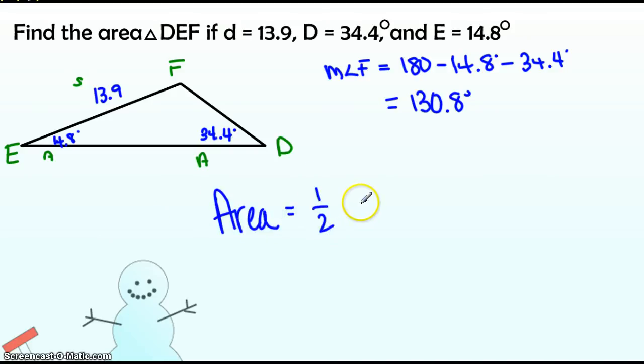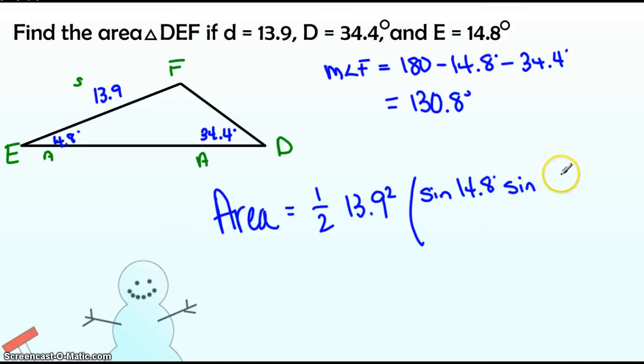So we're going to plug this into the formula that we had. So 1/2 D squared, which is 13.9 squared, times the sine of 14.8 degrees times the sine of 130.8 degrees, and we're going to take that over the sine of 34.4 degrees.